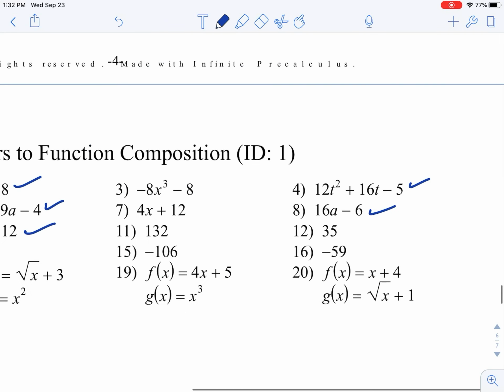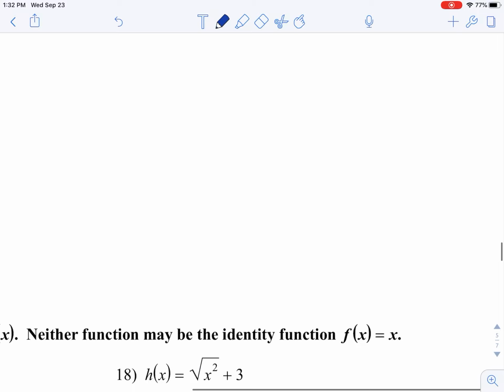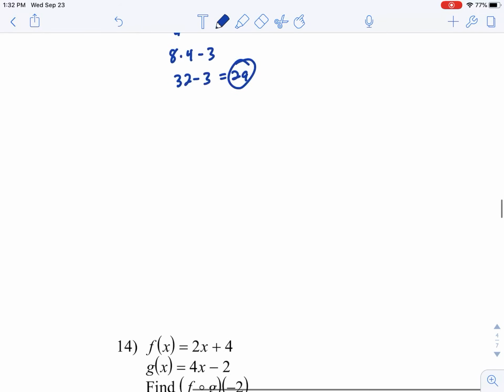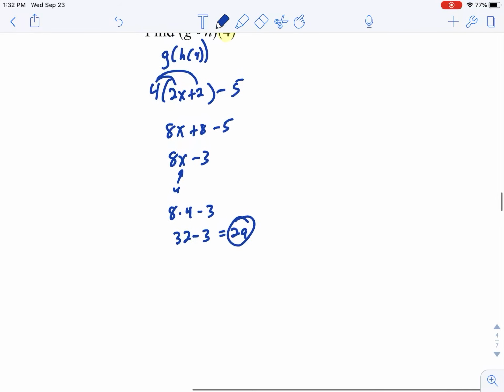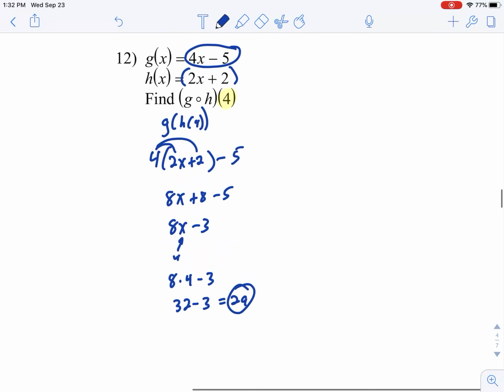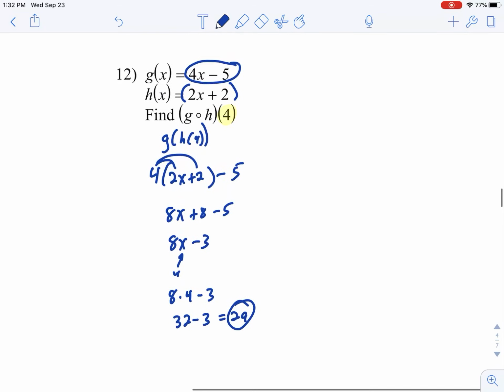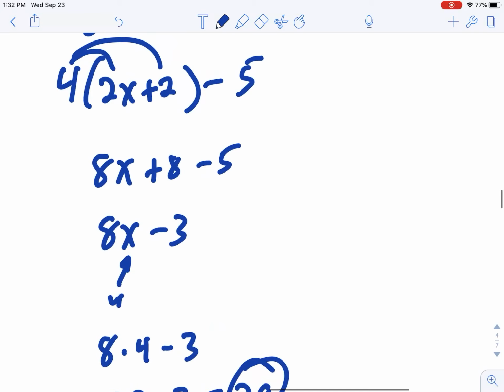Where am I? Oh, 35? Uh-oh. What did I do wrong? Oh, I'm dumb. Hey, class. What's positive 8 minus 5? Is 8 minus 5 negative 3?